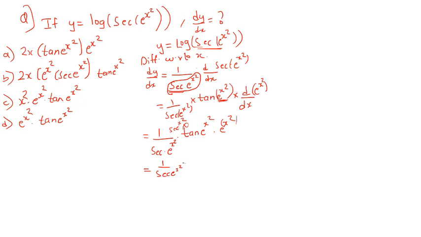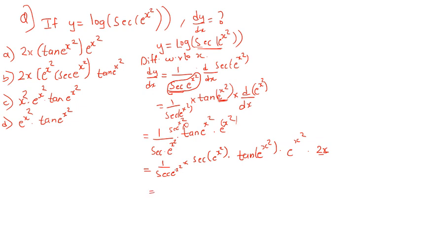So here what happens, 1 by secant e to the power of x squared into secant e to the power of x squared into tan of e to the power of x squared. We have got till here. The previous step is e to the power of x squared into 2x. Now if I differentiate this 2x, I'll get 1, into 1 it will be the same.